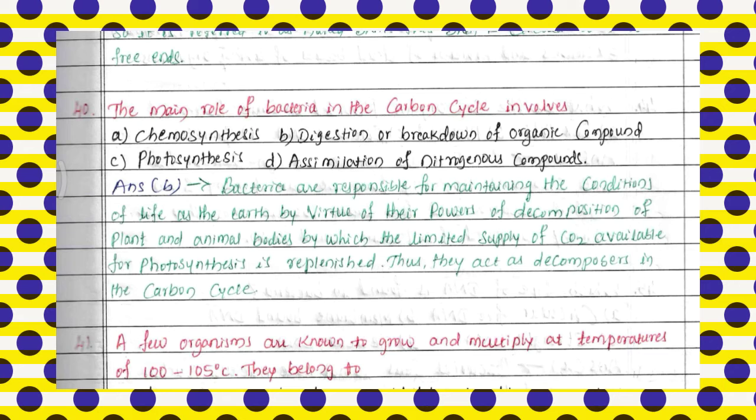Answer is B. Bacteria are responsible for maintaining the conditions of life on Earth by virtue of their powers of decomposition of plant and animal bodies, by which the limited supply of CO2 available for photosynthesis is replenished. Thus, they act as decomposers in the carbon cycle.